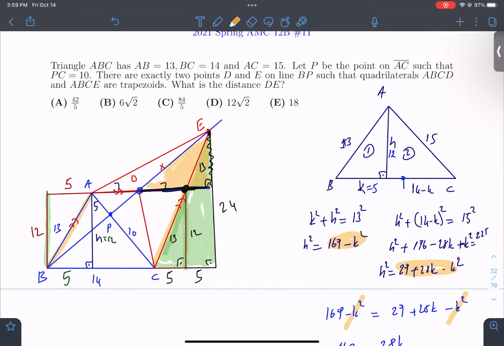That distance is, since this is 12, 24 minus 12, this length is 12. And here this 7 plus 5 is also 12. So we have 12, 12, and DE, which is a 45-45-90 triangle. So DE has to be 12 square root 2, which is answer choice D.